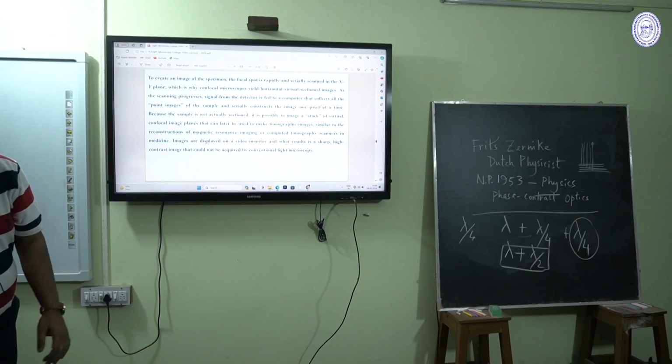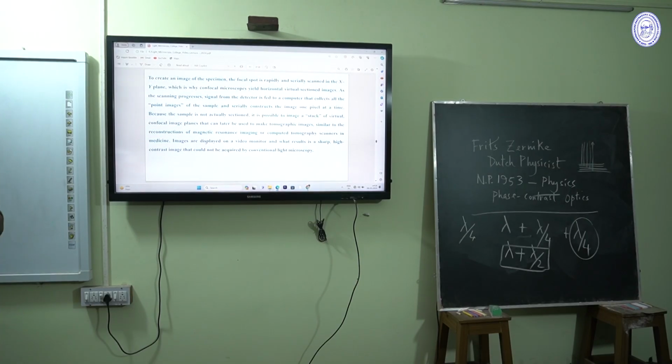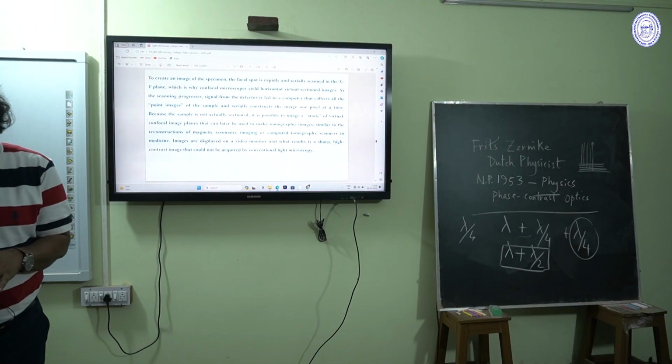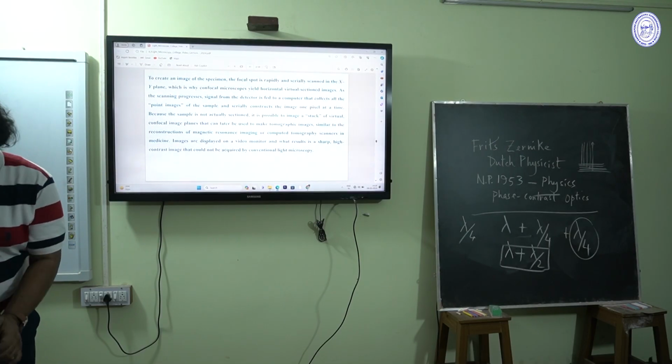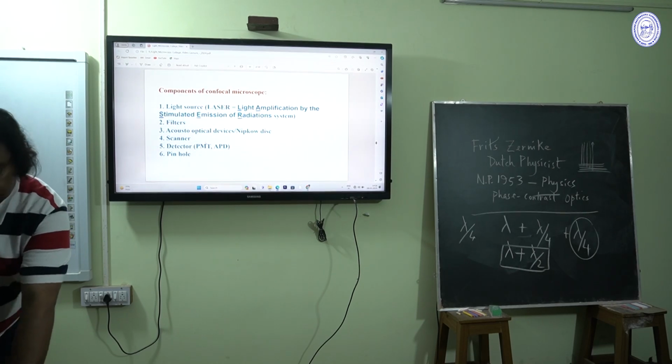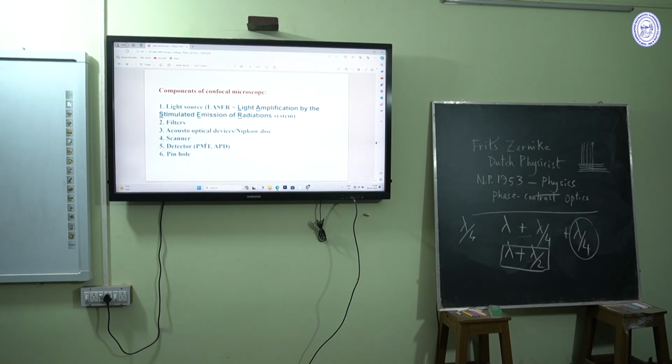As the scanning progresses, the signal from the detector is fed to a computer that collects all the point images of the sample and serially constructs the image one pixel at a time. These are the components of a confocal microscope: light source, that is laser, filters, acousto-optical device or Nipkow disc, scanner, detector, that may be PMT or APD, then pinhole.